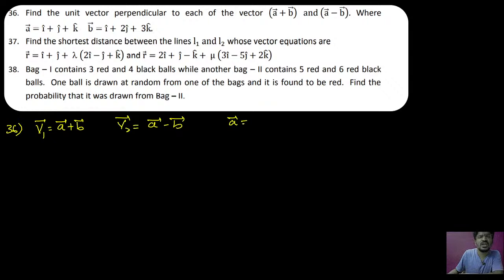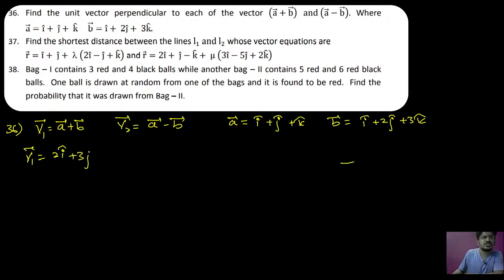Here the vector a is i cap plus j cap plus k cap, and vector b is i cap plus 2j cap plus 3k cap. Now you can just see what is v1. v1 is a plus b, that means i cap plus i cap is 2i cap, j cap plus 2j cap is 3j cap, k cap plus 3k cap is 4k cap.